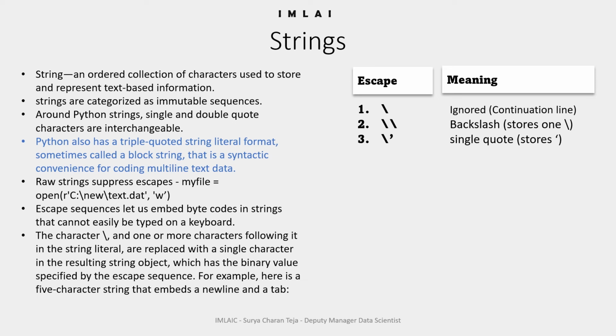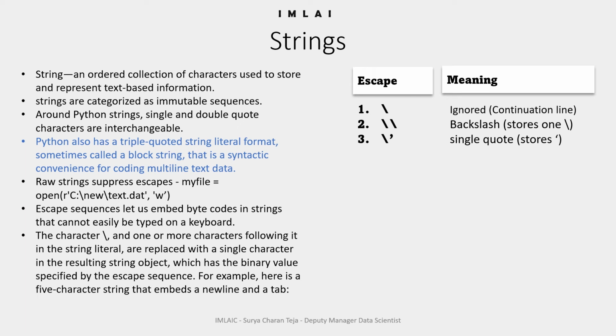Next, a word wrapped inside a backslash followed by a single quote, inside a string which is wrapped inside single or double quotes, when executed stores that word in single quotes inside the string. You don't need to worry.